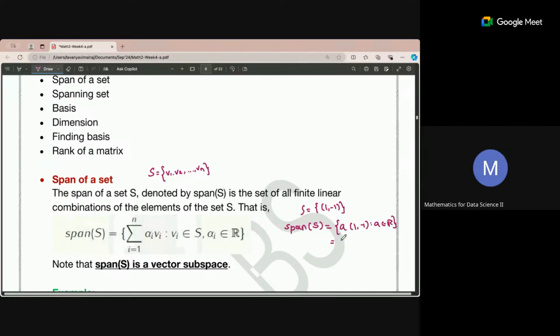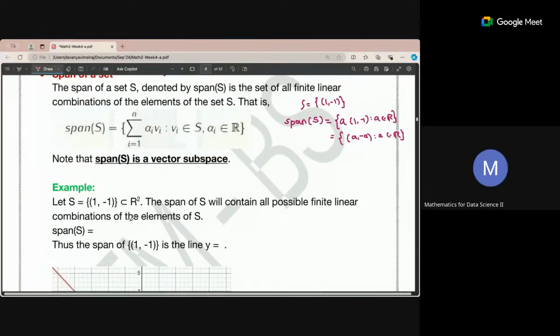So here you are talking about all (a, minus a), where a is in R. What does it represent in R2? A line.